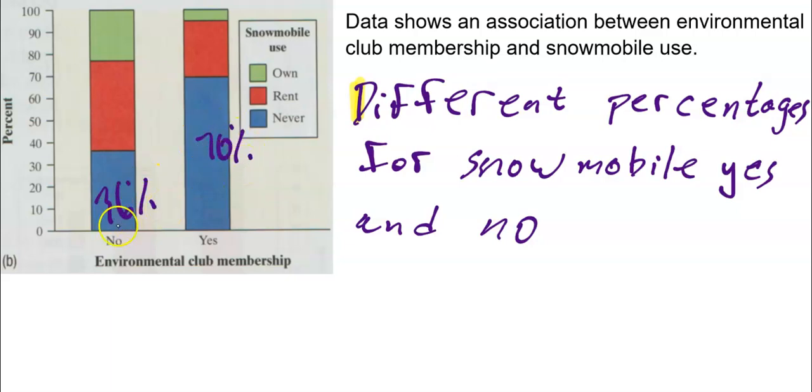Totally different. This red is about twice as big as this red, and this green is about 4 times smaller than this green. Alrighty, so these percentages are different. That means there is an association. If you say yes, you're more likely to have never used a snowmobile than if you say no.